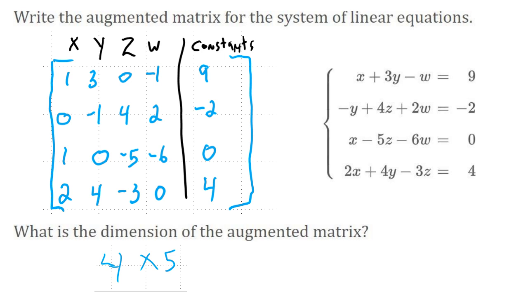Now it's asking us, what are the dimensions of this matrix? The dimensions are the number of rows times the number of columns. We have 1, 2, 3, 4 rows, and 1, 2, 3, 4, 5 columns. So the dimensions, or size, of this matrix is 4 by 5.